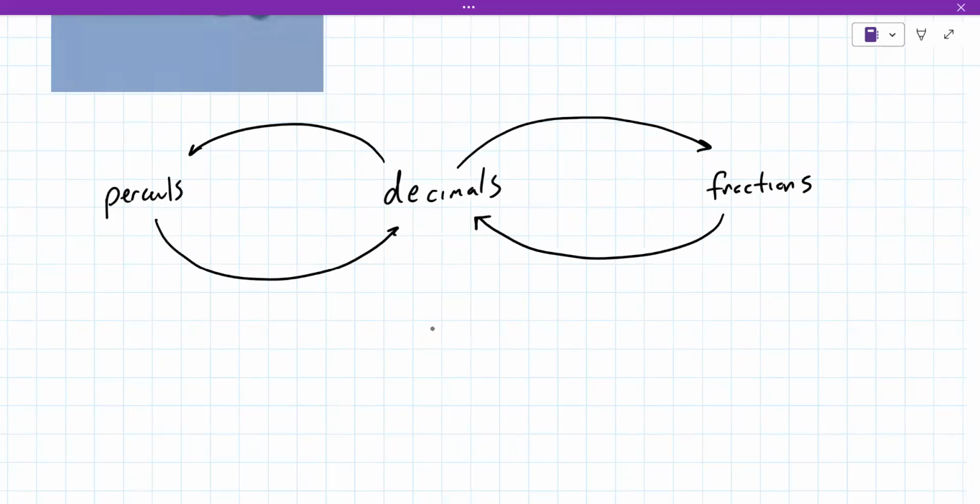But you cannot go from, say, a percent to a fraction without going through decimals. Which also means that if you're going to compare, for example, a percent and a fraction, you probably ought to make them both decimals. That's probably the easiest way to compare, when they're both decimals.